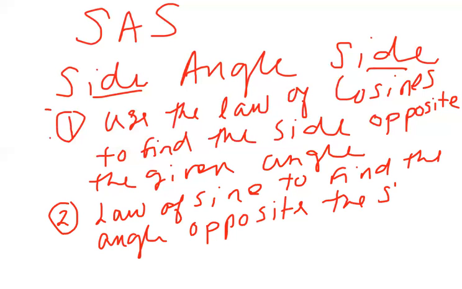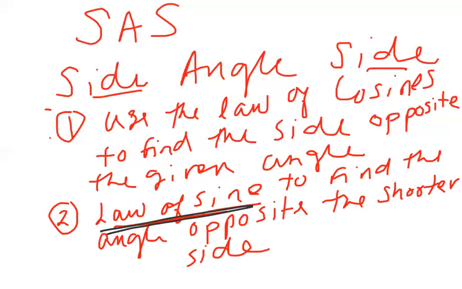And notice I'm not putting a letter to this because you have to figure out which angle is opposite the shorter side. We're using the law of sines to find the angle opposite the shorter side. So that's step number 2.